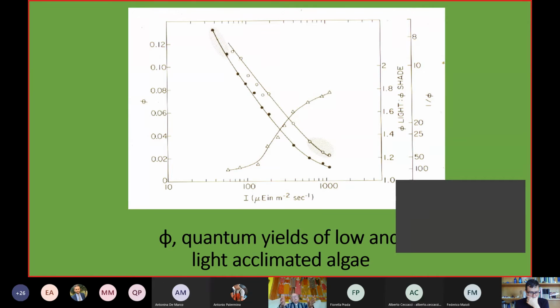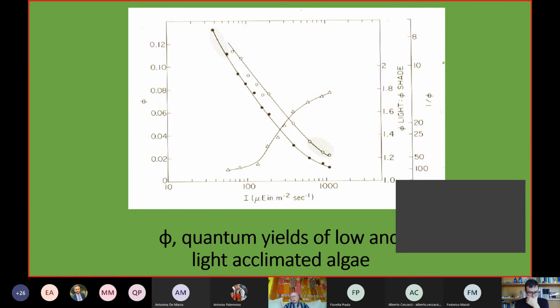So the difference in light input is 100-fold, but the darker, pigment-loaded algae get 4 to 5 times more of the photons. So the 100-fold difference is now reduced to a 20-fold difference. And then if you look at the quantum yield efficiency, it is reduced about 5 to 10 times more. So now the difference of 100-fold intensity in light is reduced to a 5 times efficiency in photosynthesis.